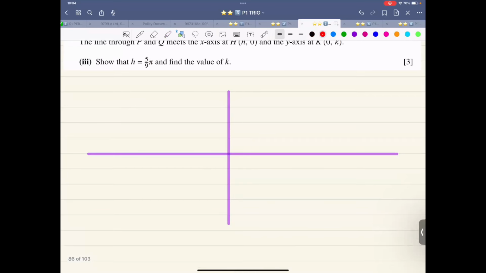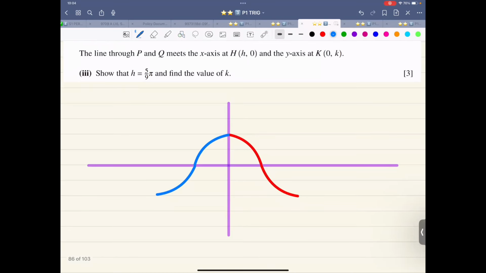So this one is one portion. I think that is good enough.